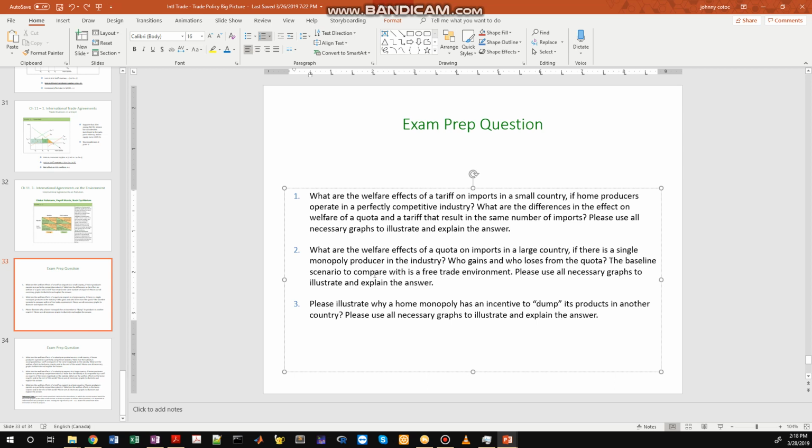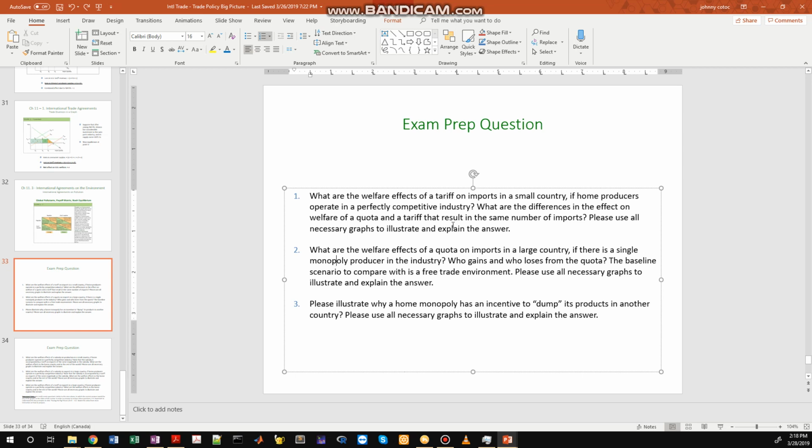So questions like this, if I just change a couple of the words, like change the country from small to large, or I think about a monopoly producer now instead of perfectly competitive, the question becomes different, and the implications are different. And so you got to use the 4 principles in order to understand how to build it.